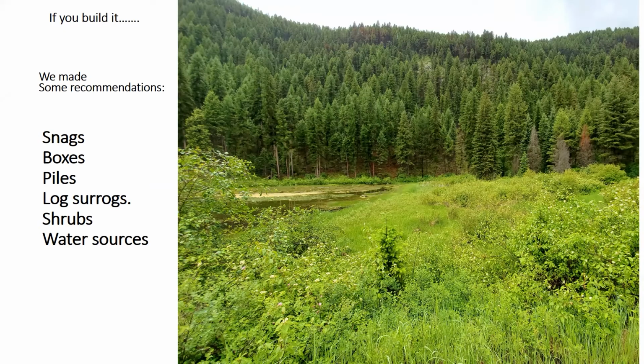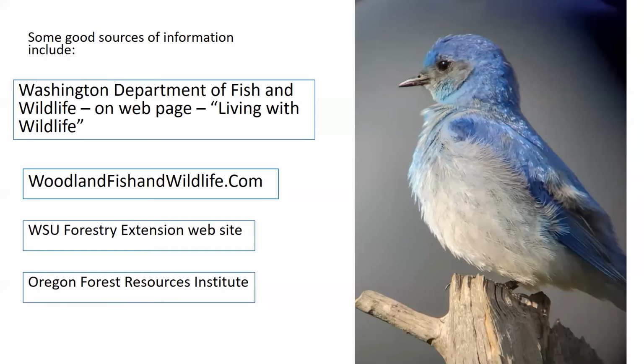So someone was asking in the chat about good sources for the question and answer, the question about bat boxes and that sort of thing. This one particular website, the WDFW Living with Wildlife, is a really good compendium of articles about all kinds of stuff. Here's another one: Woodland Fish and Wildlife. We've got a whole series of articles there.